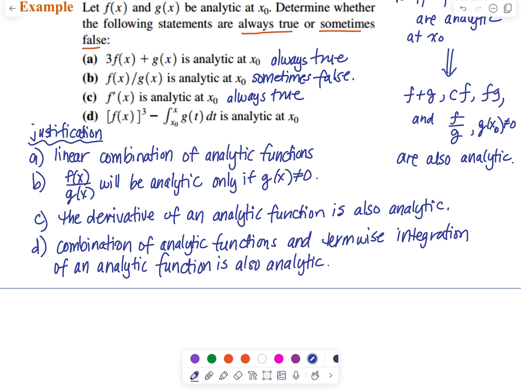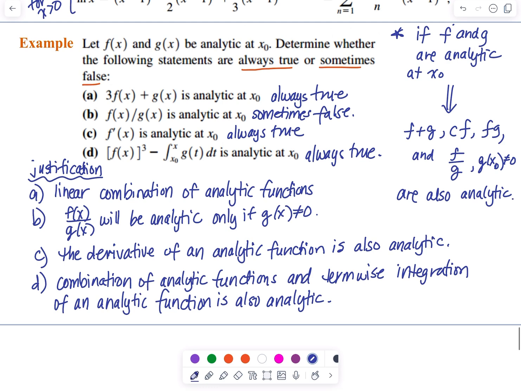So this is always true. And that concludes this discussion of analytic functions.